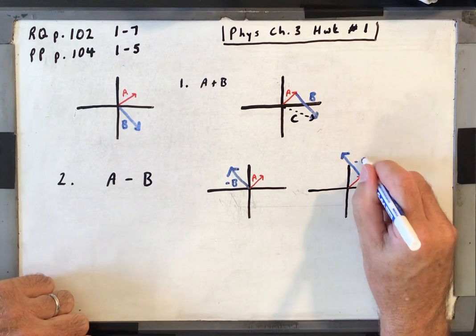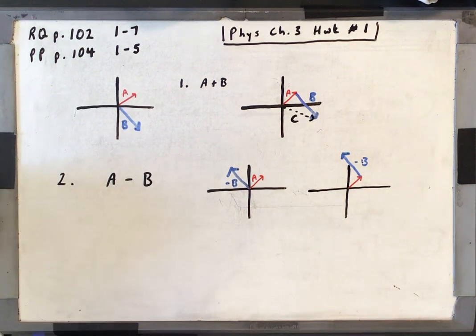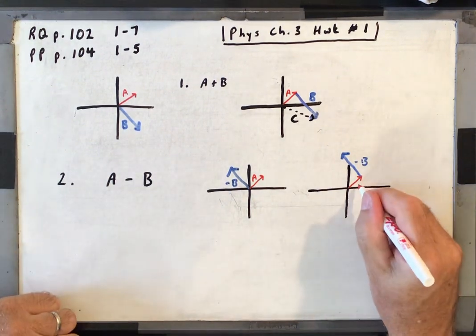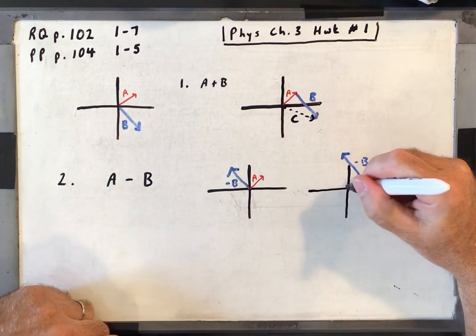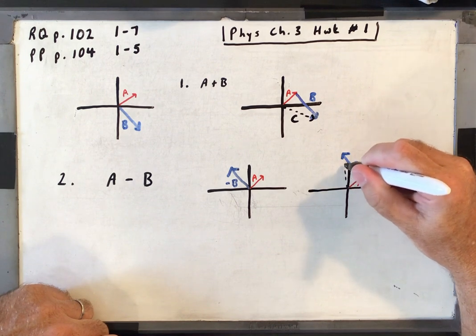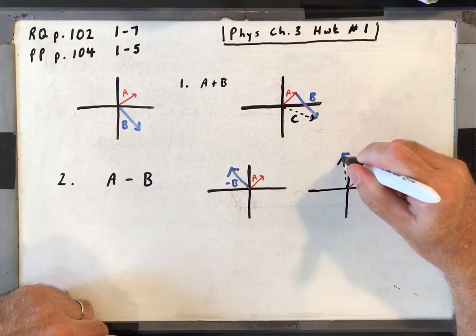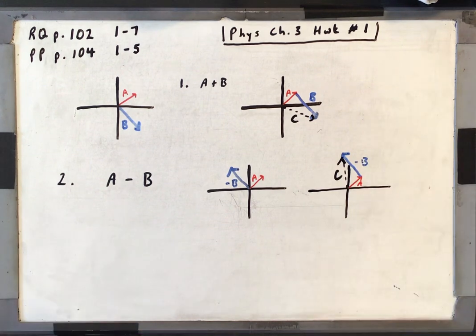So that's negative B. This is A. And we end up with a resultant that I would say is pretty much straight up, but probably would go over into the third quadrant just a bit. So that's our resultant vector C.